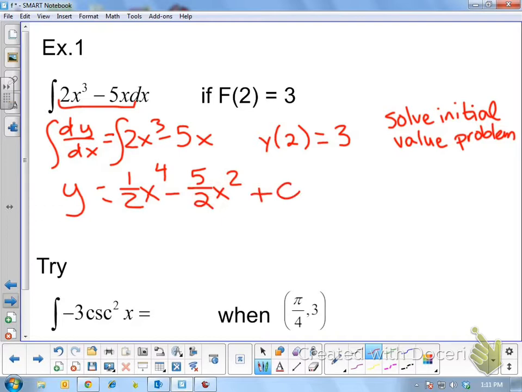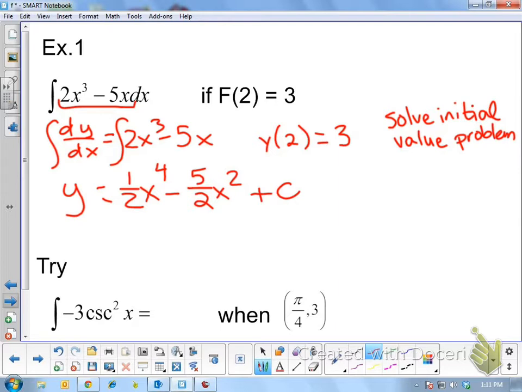So that's stuff you've done before. You have taken the antiderivative, you've known to do plus c, and now all we want to do is find c. So, which of these values is x, which is y? 2 is x, 3 is y. They're using y of x instead of f of x.